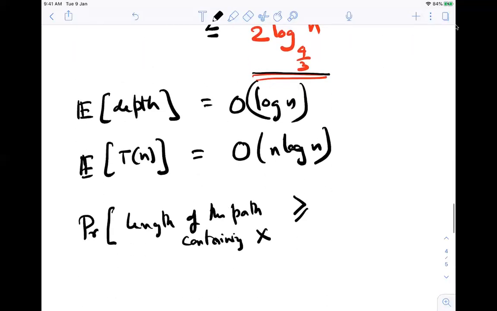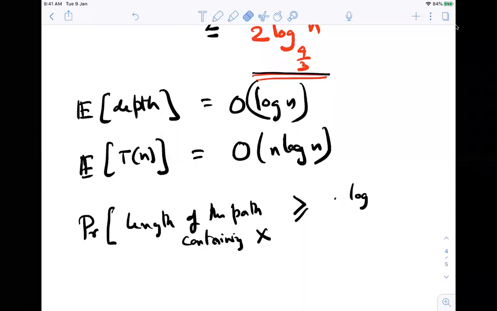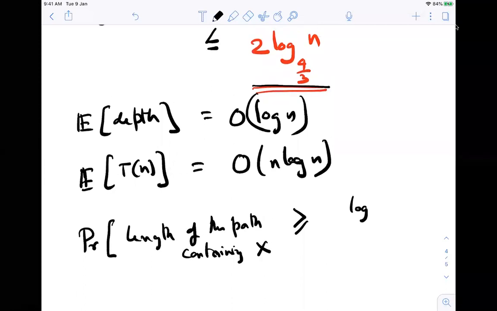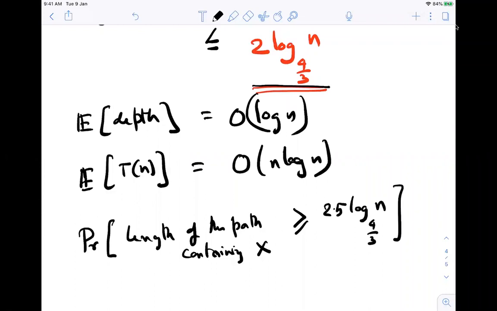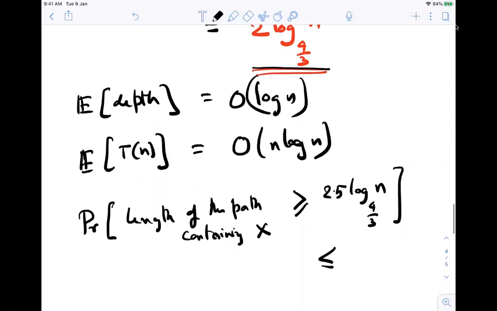But what is the probability that this is more than, let's say, 2.5 log n base 4/3? What is this quantity? I want to say that this quantity is very, very small. Okay, this is less than 1/n square. This is what I want.